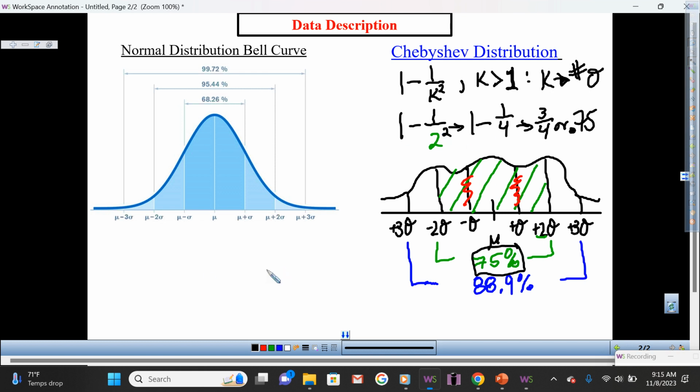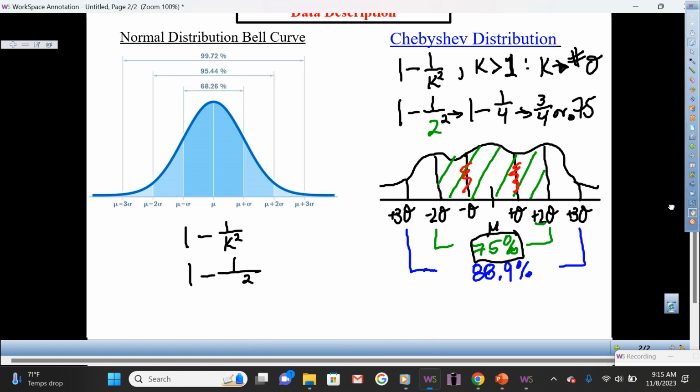So let's use the same theorem again. 1 minus 1 over k squared, but now to make sure that we got the 88.9%. So before I continue, what do we substitute for k now?